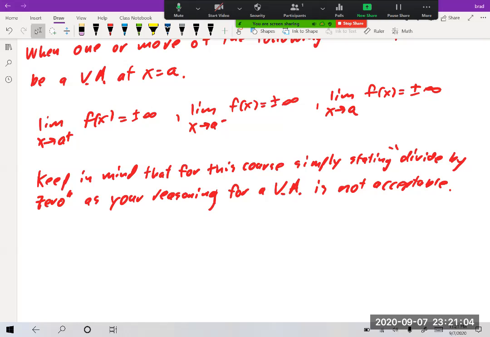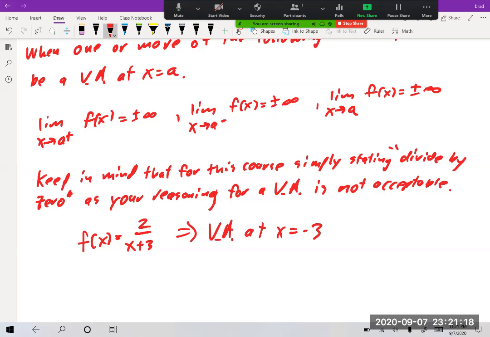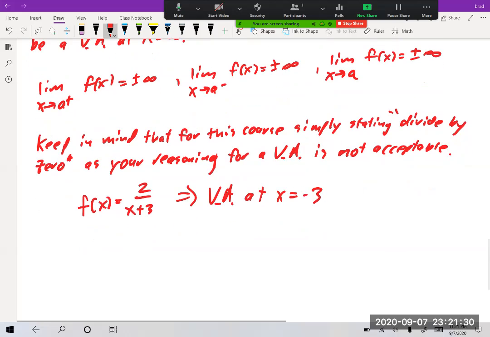You can't just say like, oh, f of x equals 2 over x plus 3, we're going to have a vertical asymptote at x equals -3. You have to then go on to say, well, the limit from the left or the limit from the right or the limit is equal to plus infinity or minus infinity or whatever. You have to show me these limits to show me that the vertical asymptote exists there, okay?